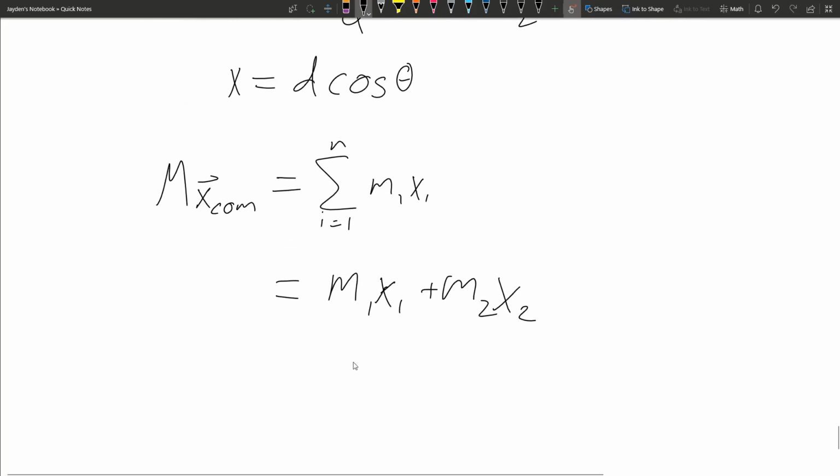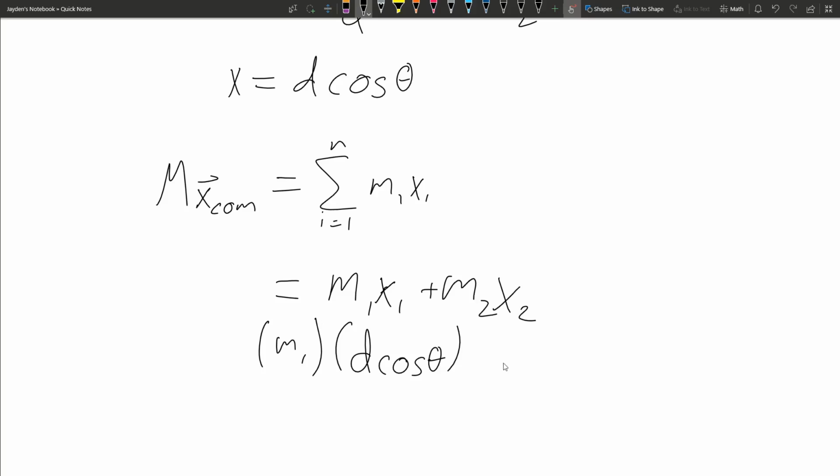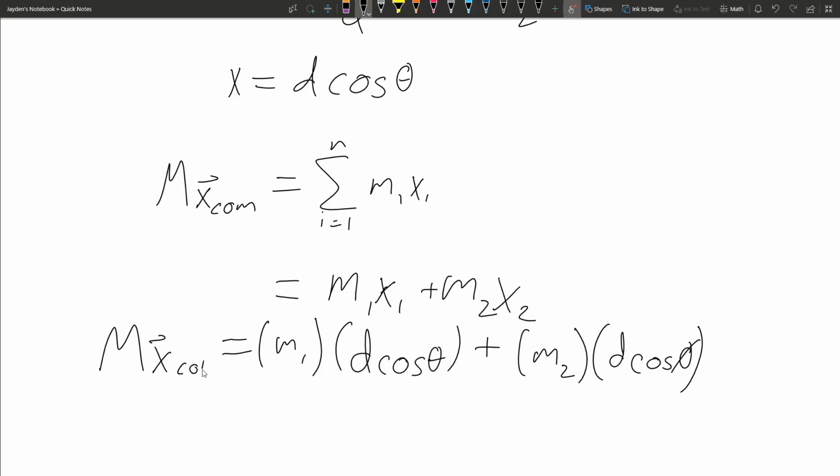So d cosine theta times m1, plus d cosine theta 2 times m2 is equal to M times x center of mass.